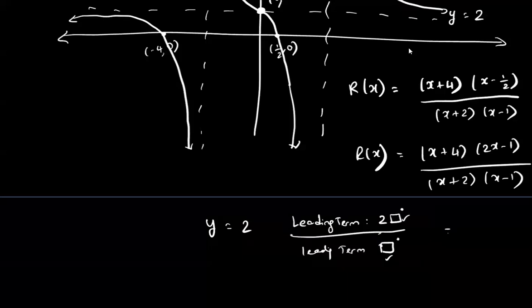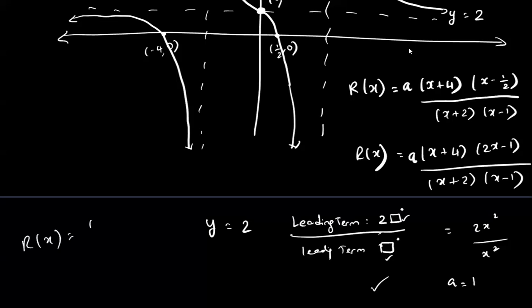So now let's see, what is the leading term of the numerator? It's 2x squared. What is the leading term of the denominator? It is x squared. So it matches. So I don't have to do some workaround to get the value of this number a. Here a happens to be 1 because everything checks out. So my answer is that this function is x plus 4 times 2x minus 1, all over x plus 2 times x minus 1.